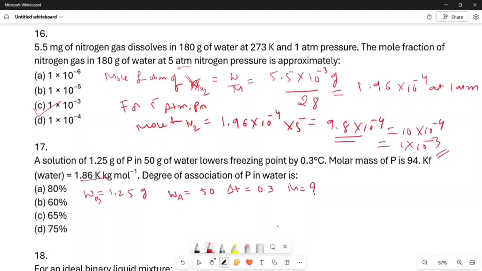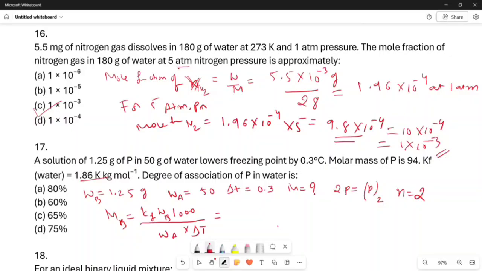As P undergoes association, 2P is converted into P twice. So n is equal to 2 here. So we have to use the formula MB is equal to Kf into WB into 1000 divided by WA into delta T. So all the values are there.